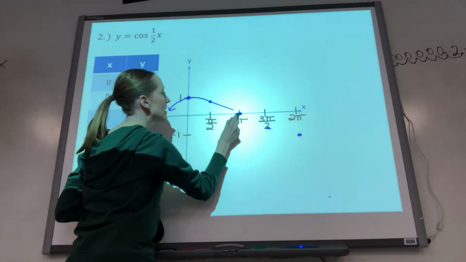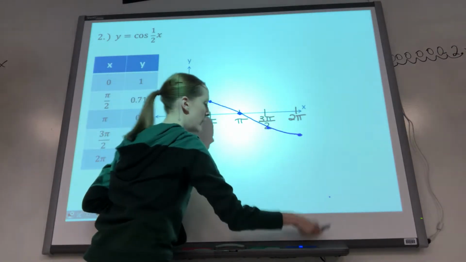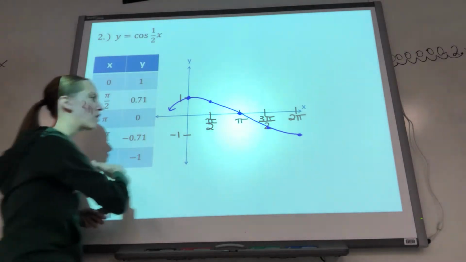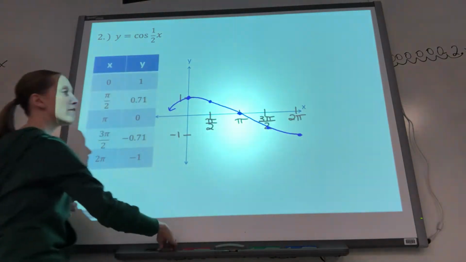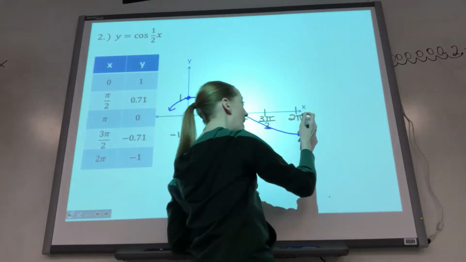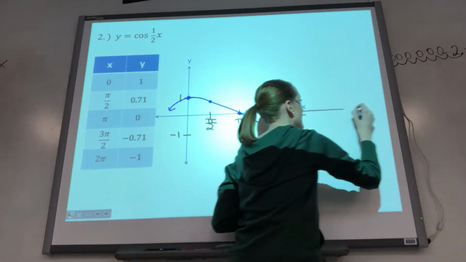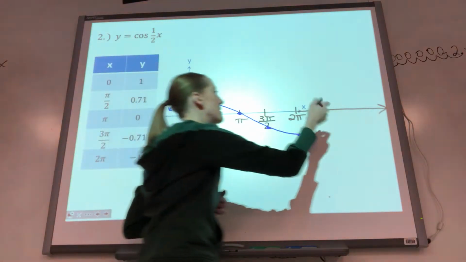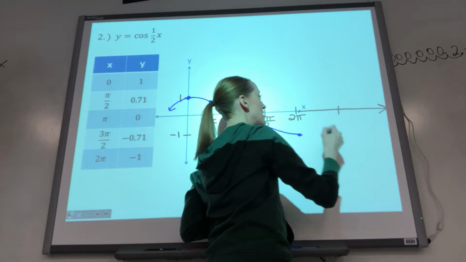I basically only have the left half of my cosine curve. I need to go a little bit further to the right to see where it comes back up. So I'm just going to extend my x-axis a little bit, and then let me give you a couple more x's to use.